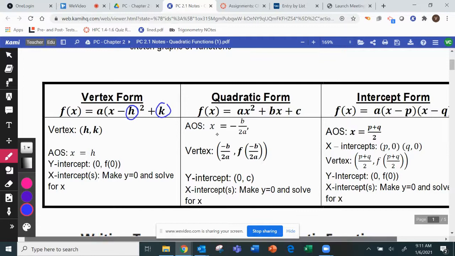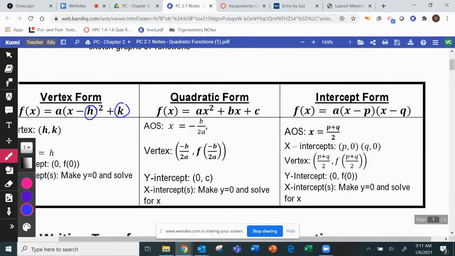And then intercept form is actually factored form. So if you ever want intercept form, if it factors, you can factor it, and then it will be in intercept form. In intercept form, we will set each of our factors equal to 0, and we'll solve each factor, and you'll get those p and q values.